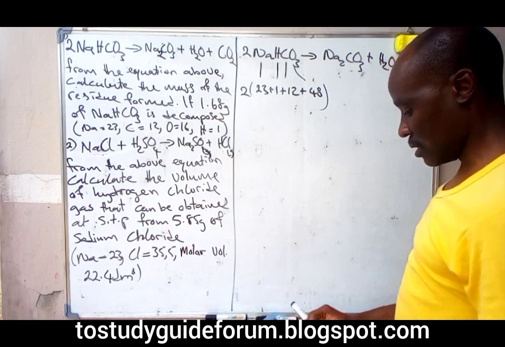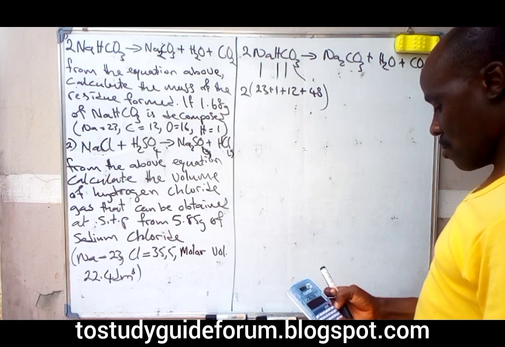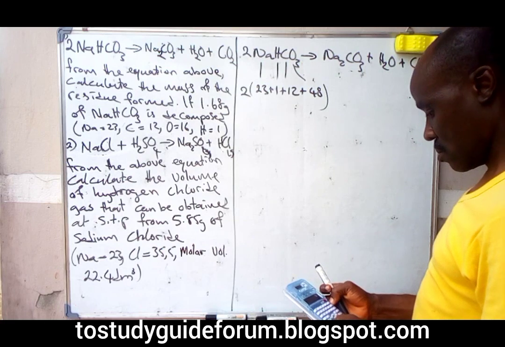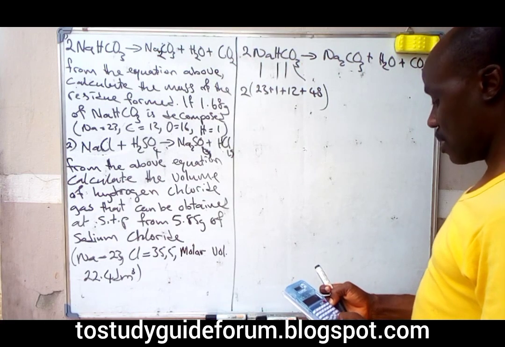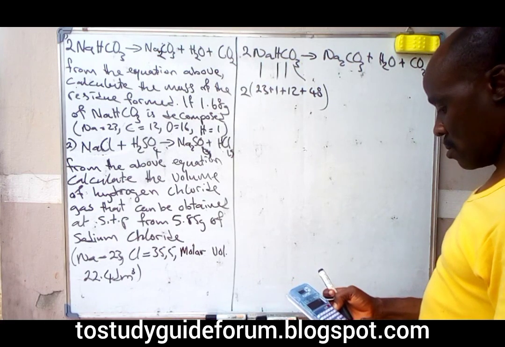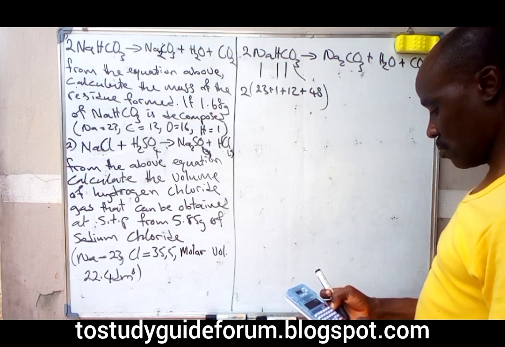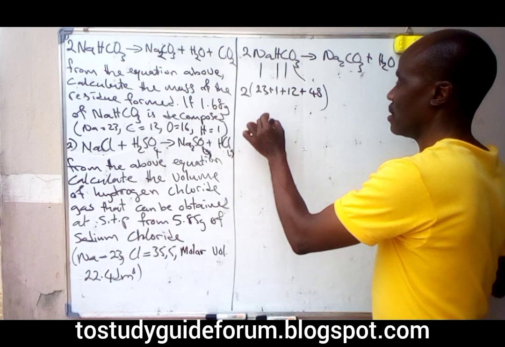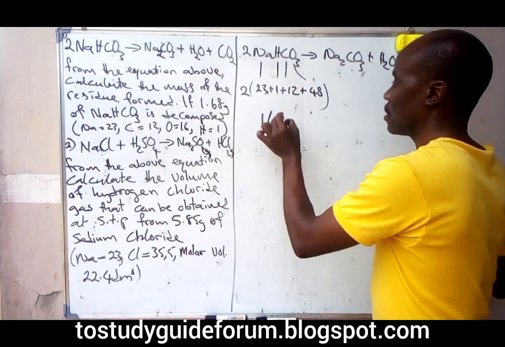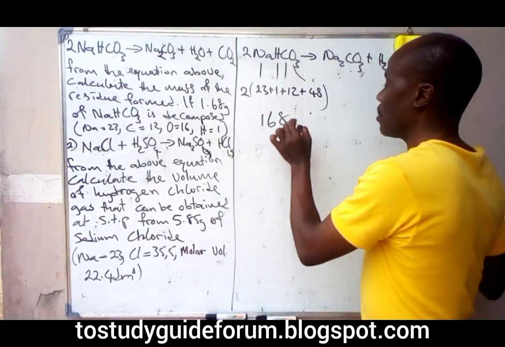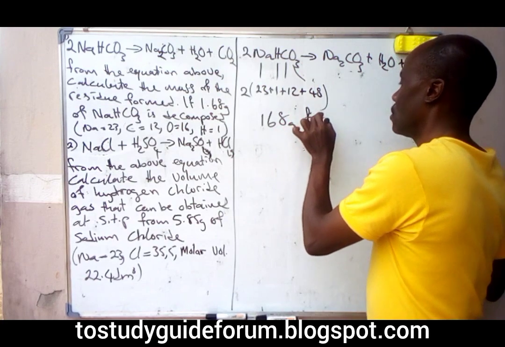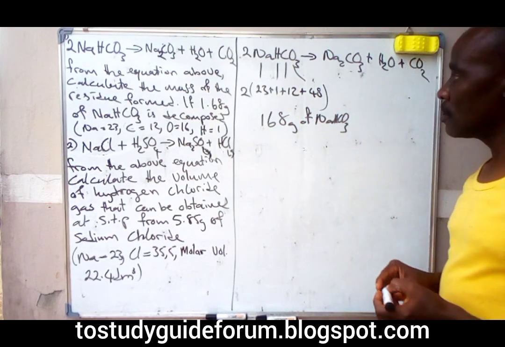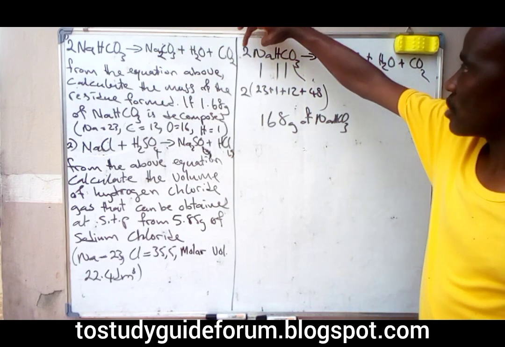So let's quickly do that: 23 plus 1 plus 12 plus 48, times 2. When we sum it up together, what we have here is 168 grams of sodium hydrogen trioxocarbonate. That is what we have in this chemical equation.